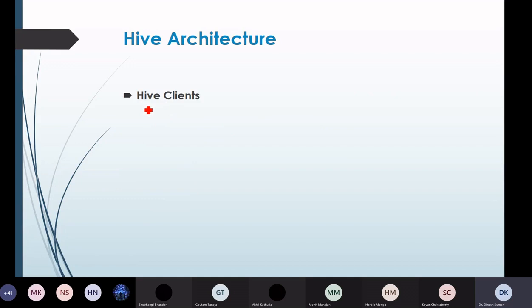First is Hive client. So Hive provides basically different drivers for communication with the different types of applications. Like we have a JDBC component.